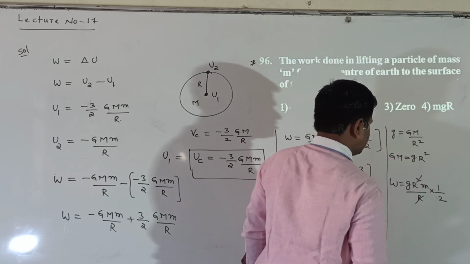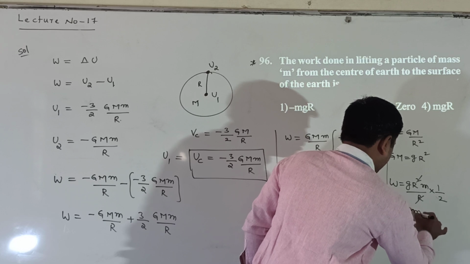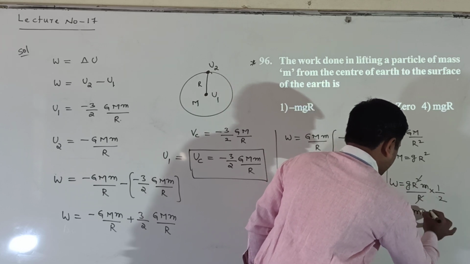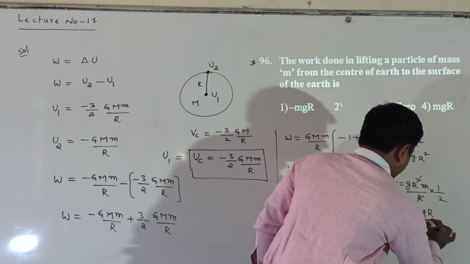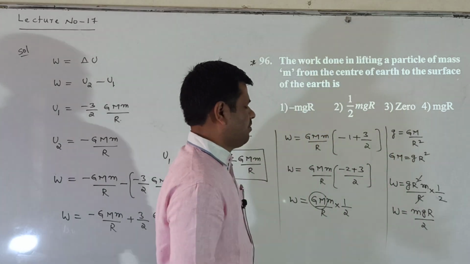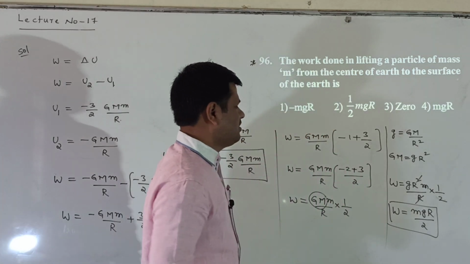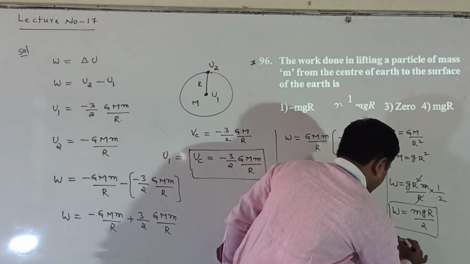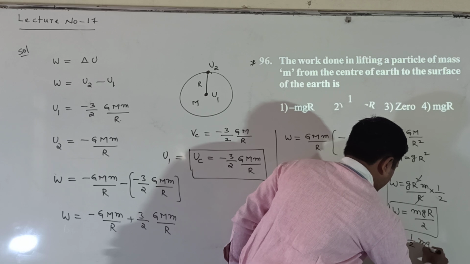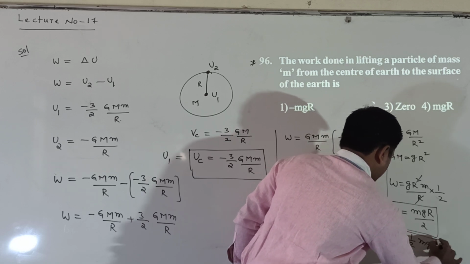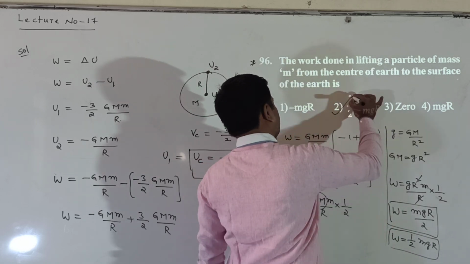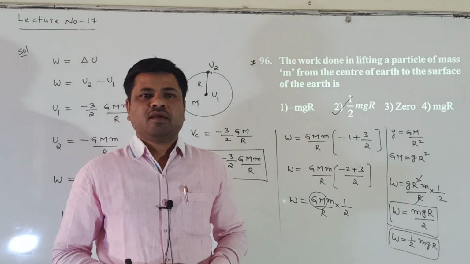Here R gets cancelled. What are we getting? mgR into 1 by 2, so work done is equal to mgR by 2, or 1 by 2 into mgR. So which option is correct here? The second option is correct.